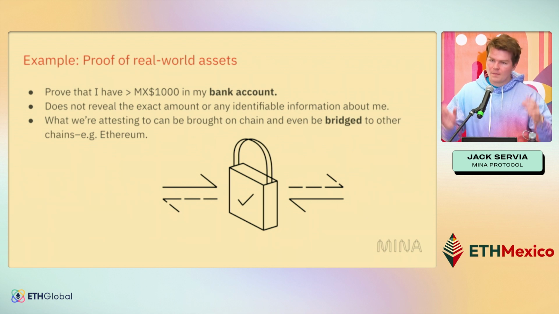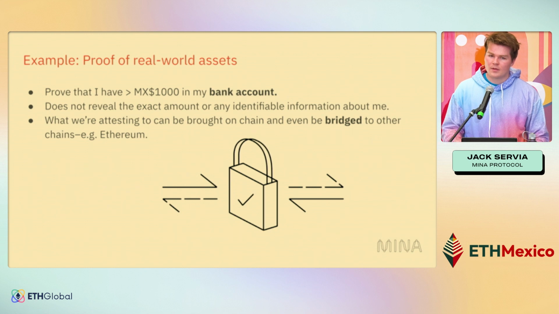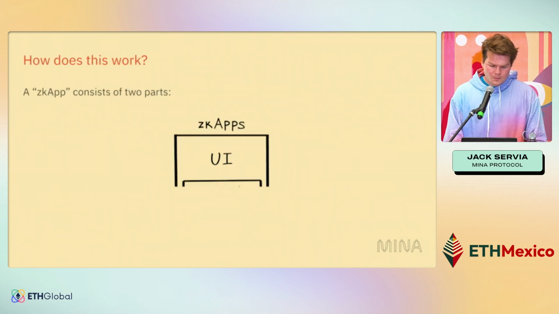Now we've augmented the data so that it's still useful for what we want it for, but it's not going to cause problems from a privacy standpoint. And then that attestation, which lives on Mina, can be bridged over to Ethereum. All of these properties come from the fact that we're doing things a lot differently. We've rethought how blockchain should work in the context of efficient zero knowledge proofs.